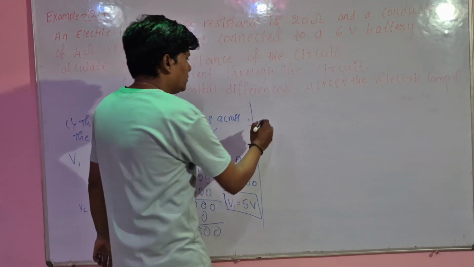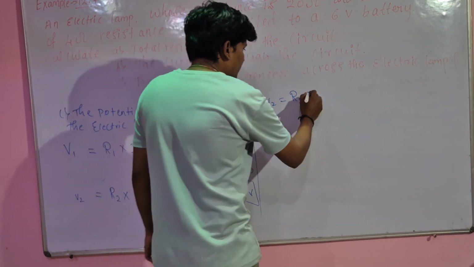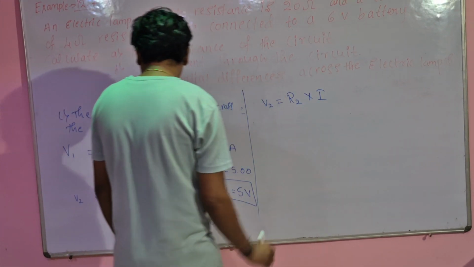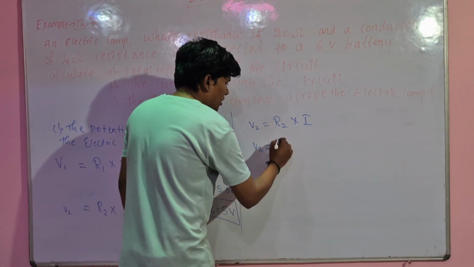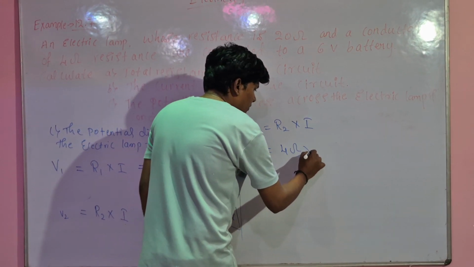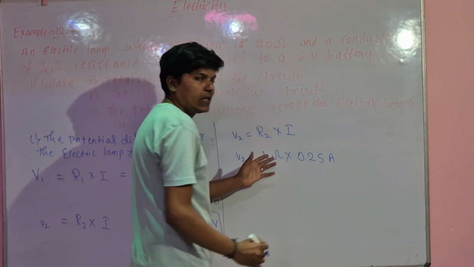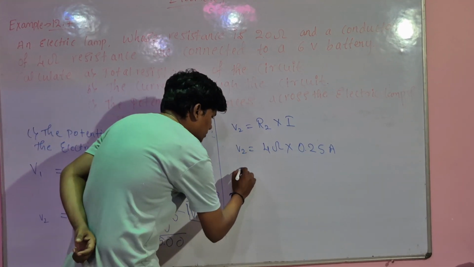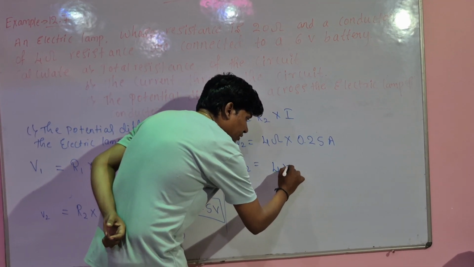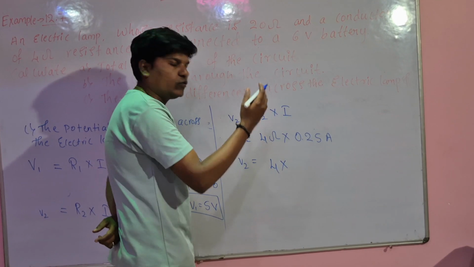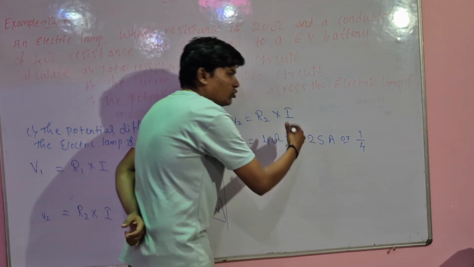V1 we get 5 volt, and V2 is equal to R2 into I. Now we take R2 here: V2 is equal to R2, which is 4 ohm, times the current 0.25 ampere. To simplify, we can take 4 into 0.25, or 1 by 4; both are the same.